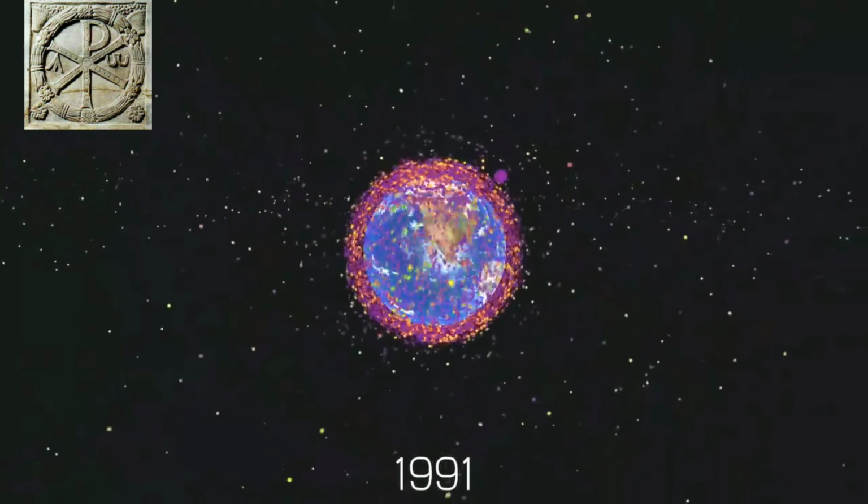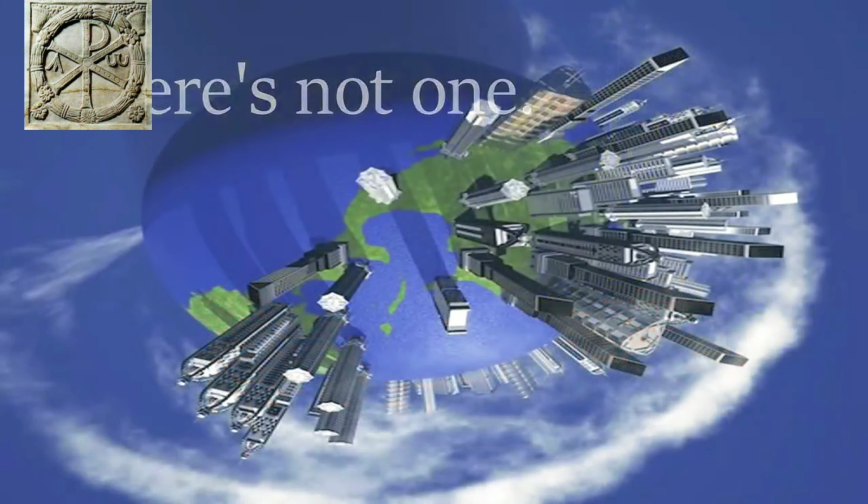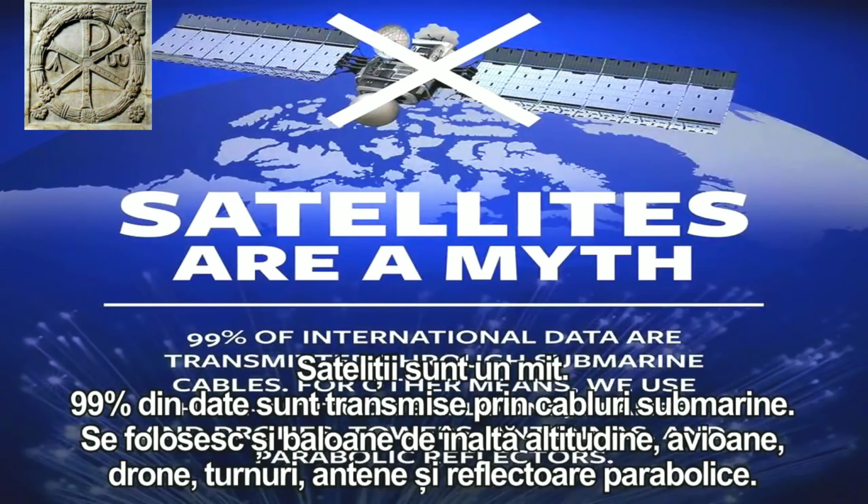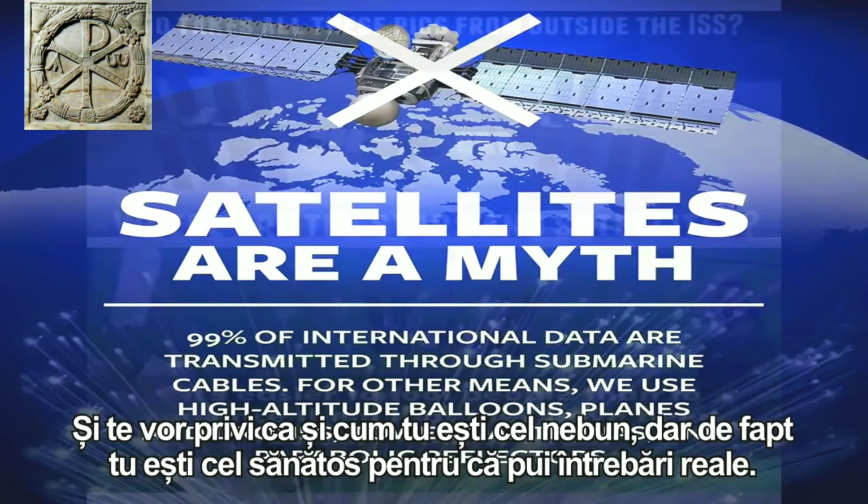We can't get any close-ups of Earth. We can't get a view of Australia with the buildings upside down. And they'll look at you like you're crazy.